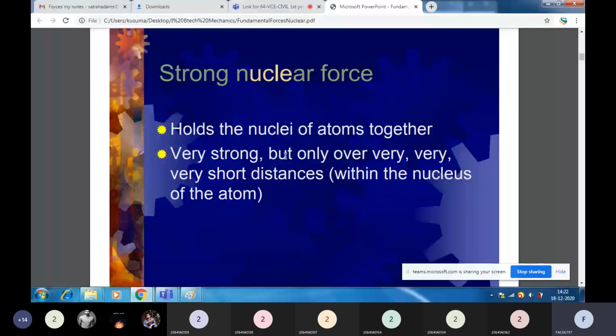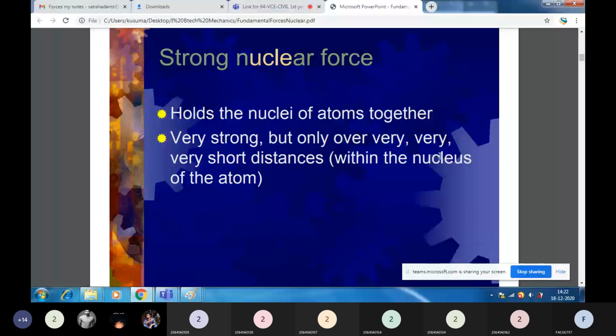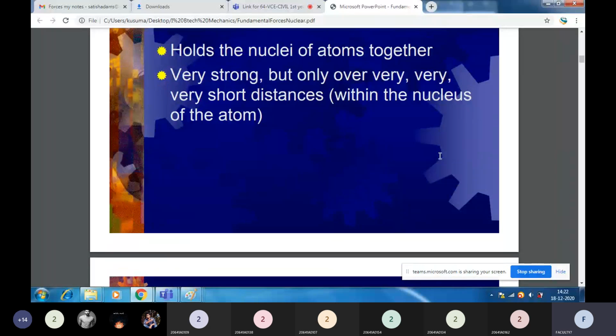The first point is it is holding the nuclei of atoms together. The second point is it is very strong, but only over very short distances do these forces exist. Now let us go with the next slide.